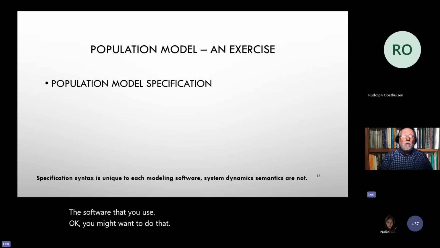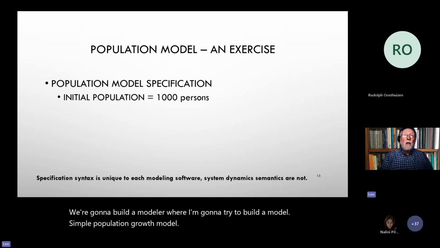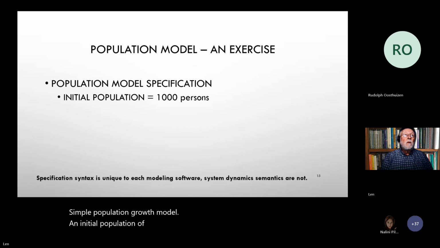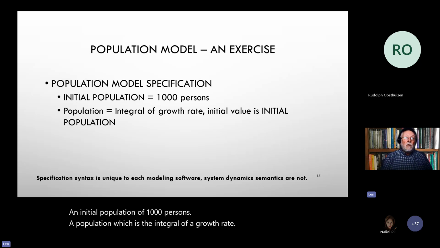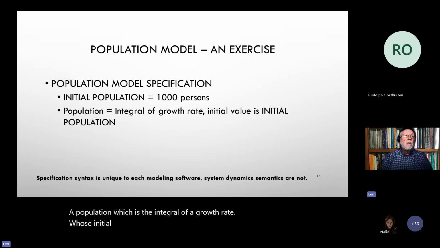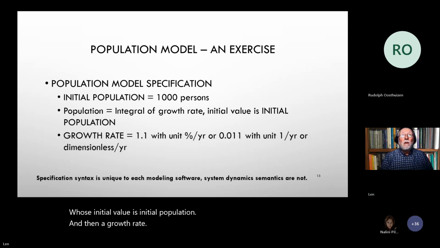We're going to build a model, or I'm going to try to build a model. Simple population growth model. An initial population of 1,000 persons. A population which is the integral of a growth rate whose initial value is initial population. And then a growth rate of 1.1.